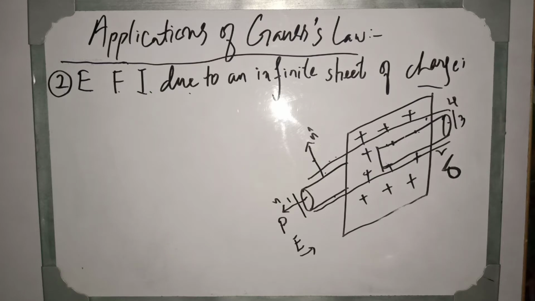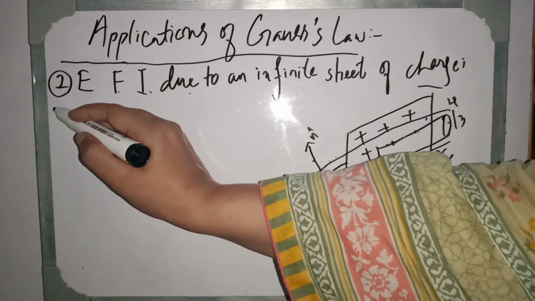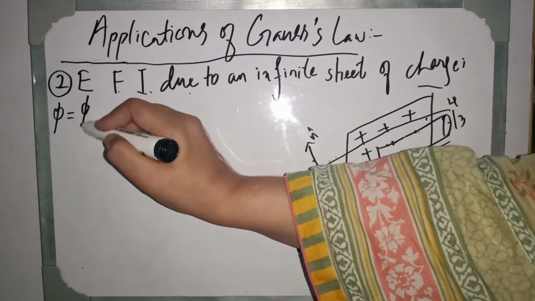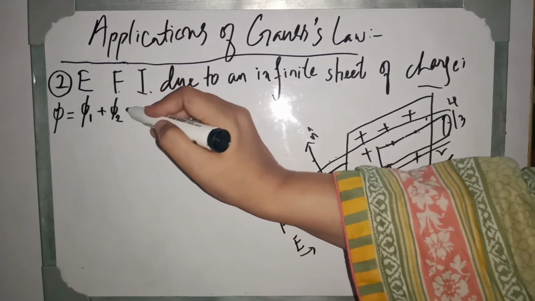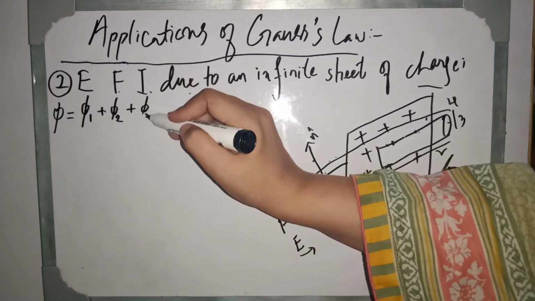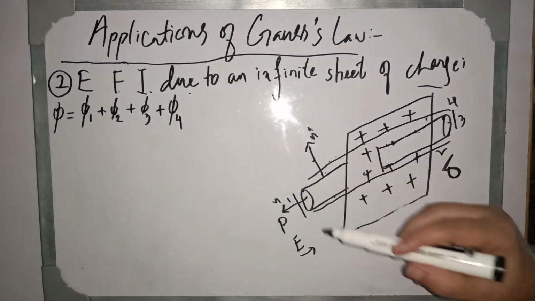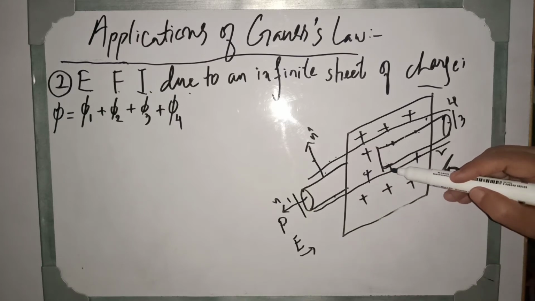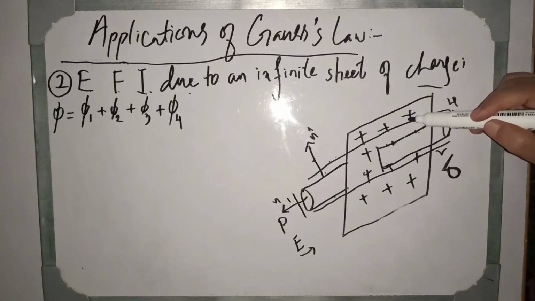I want to find now the flux through all these four surfaces. So I will write down total flux is equal to the sum of all the fluxes, that is phi 1 plus phi 2 plus phi 3 plus phi 4. Phi 1 is the flux passing through surface 1, phi 2 is the flux passing through surface 2, phi 3 is the flux passing through surface 3, and phi 4 is the flux passing through surface 4.